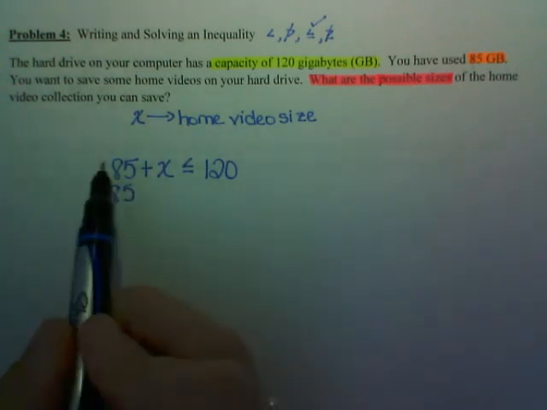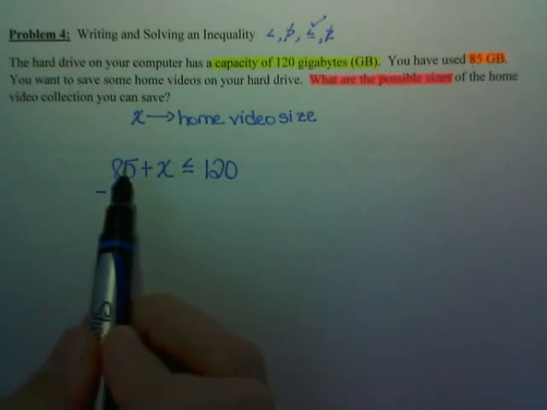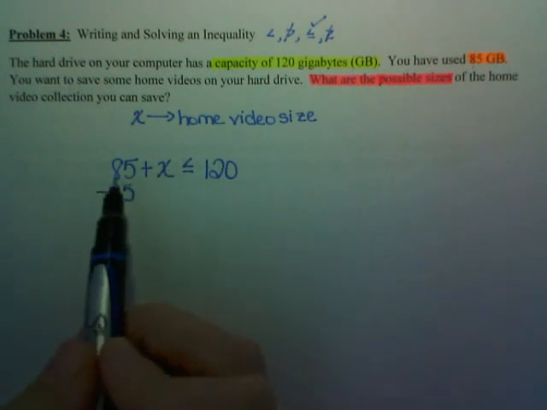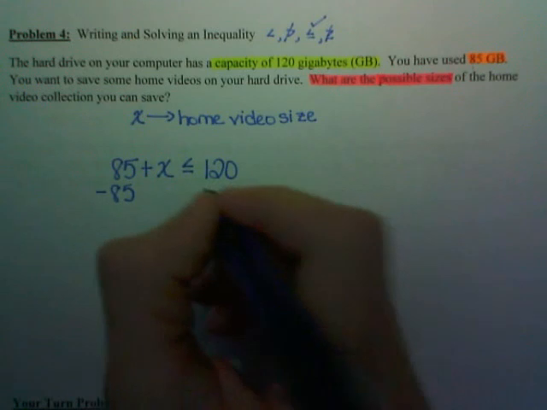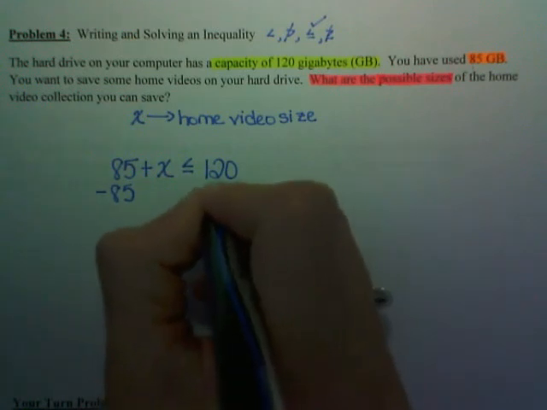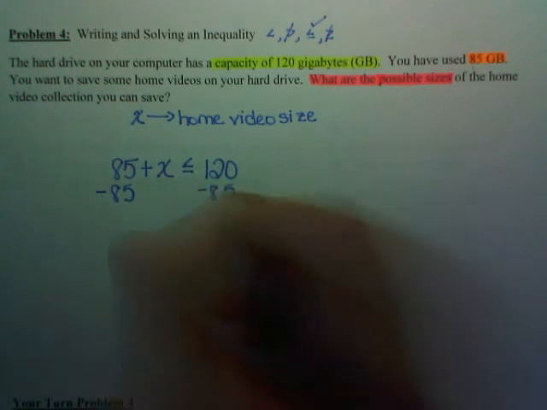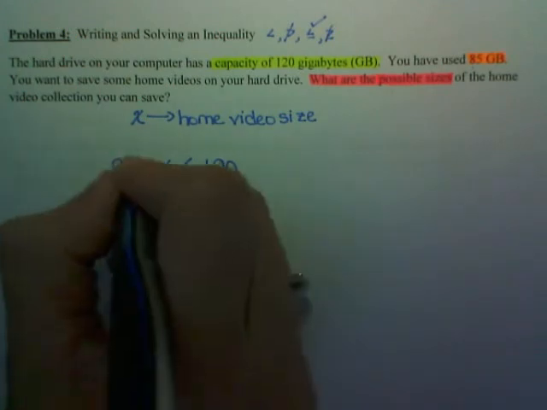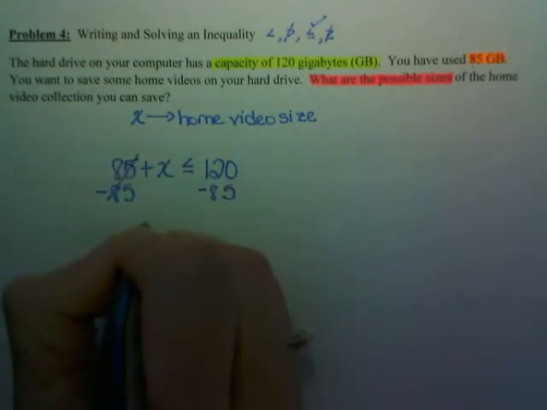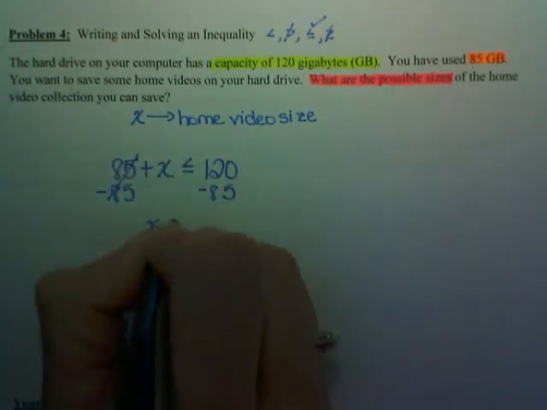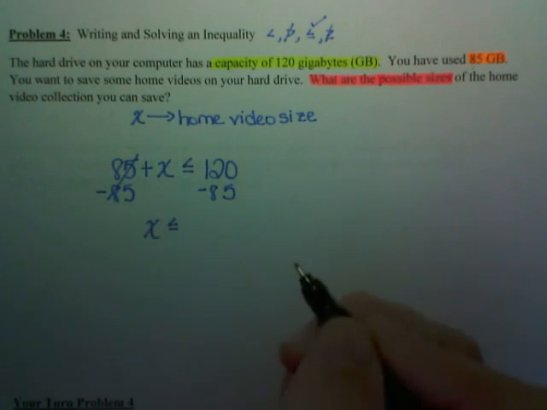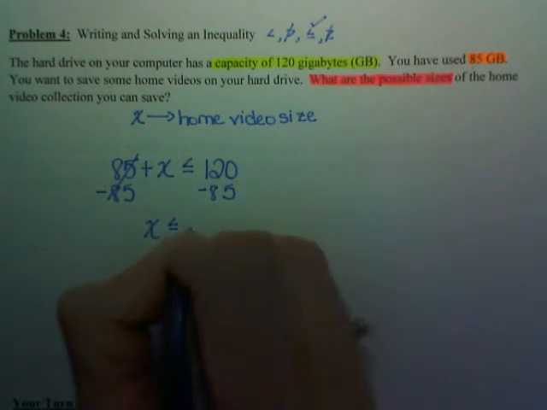I could read it backwards, x plus 85. So the opposite of adding 85 would be subtracting 85. Always be careful with writing backwards though. So subtract 85 from both sides, and this leaves me with x less than or equal to 120 minus 85, which is 35.